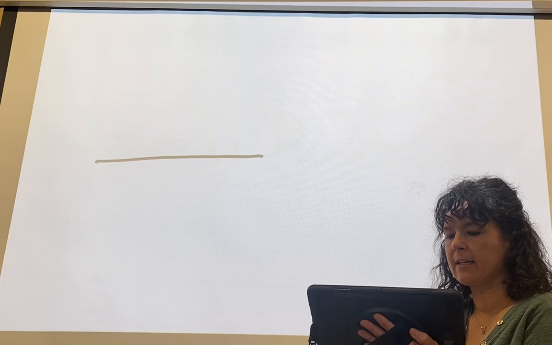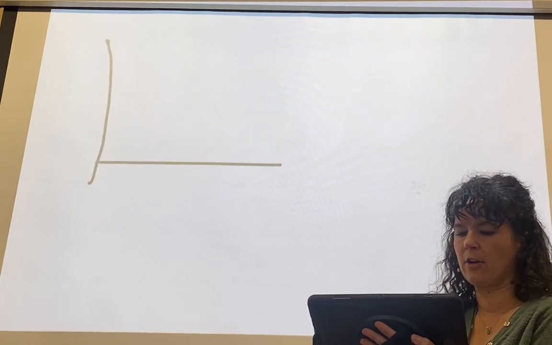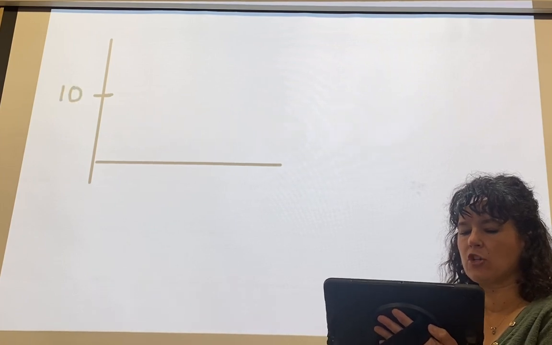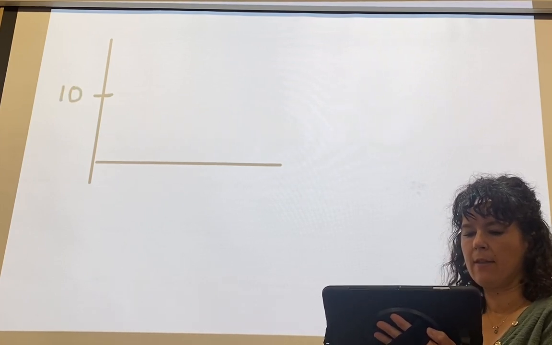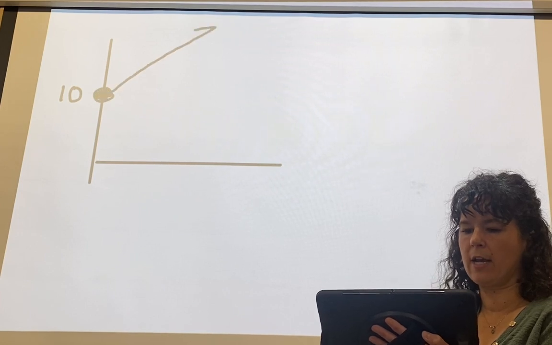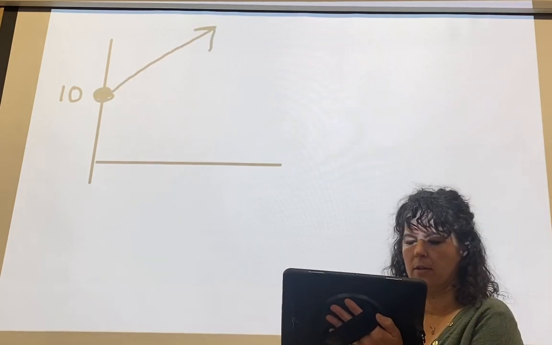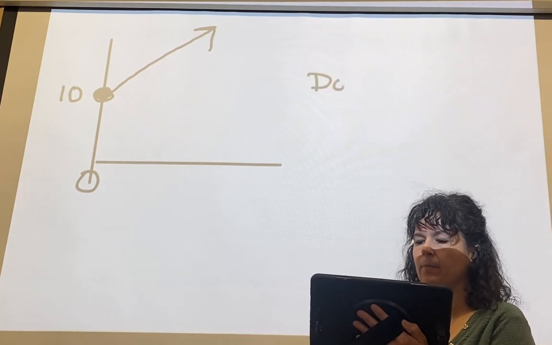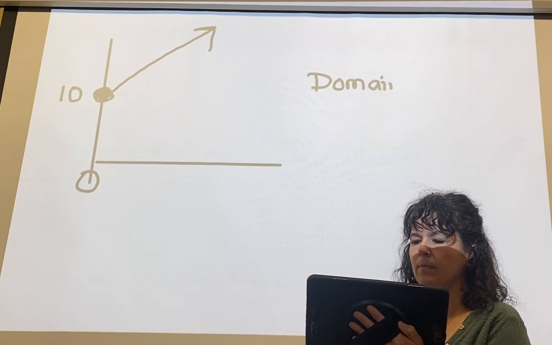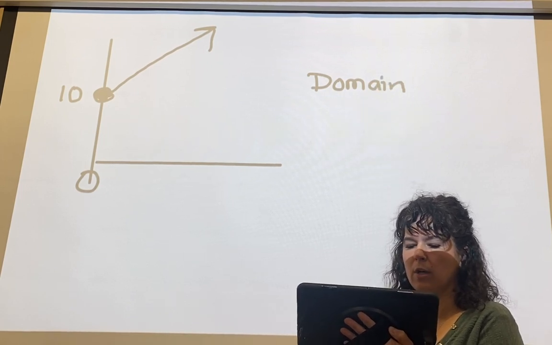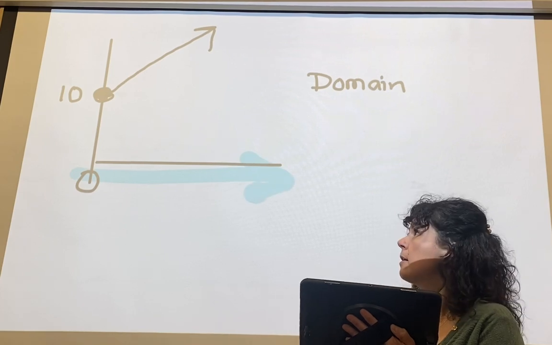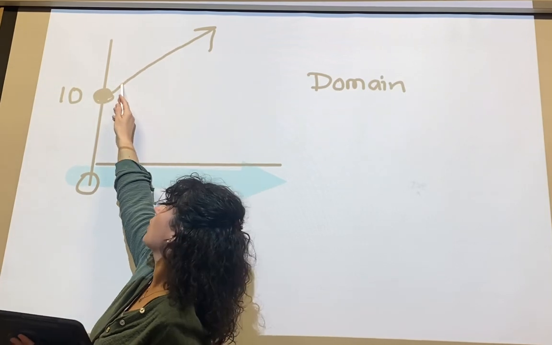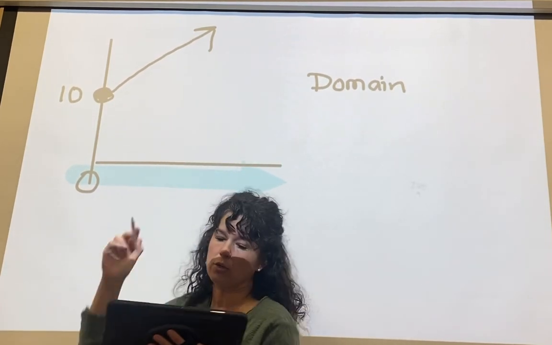What if I had an x-axis here, y-axis here, and then let's say that this started up at 10 for some situation, and then I had a solid dot there and an arrow heading up. This down here, of course, would be 0. So for my domain, what would my domain be? See how this has an x-coordinate of 0, x-coordinate of 1, x-coordinate of 2, goes on forever.